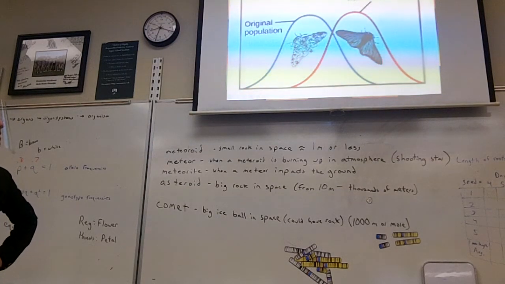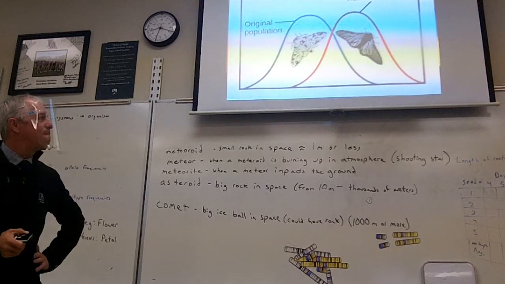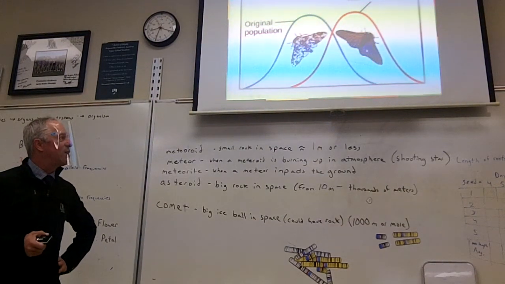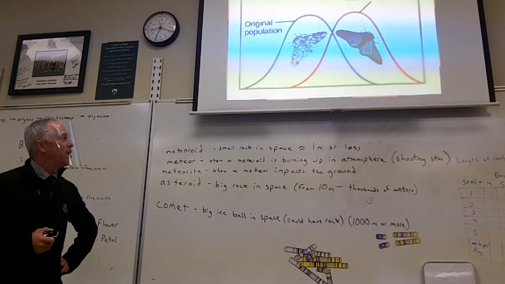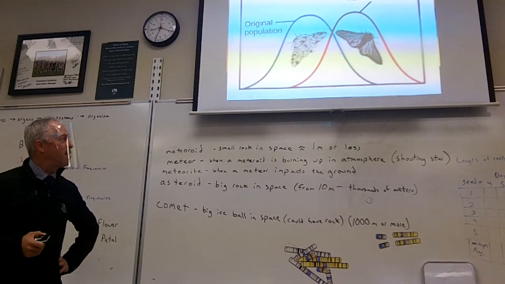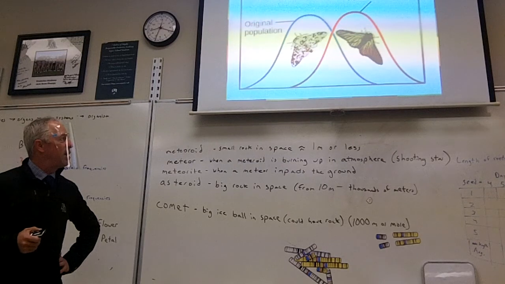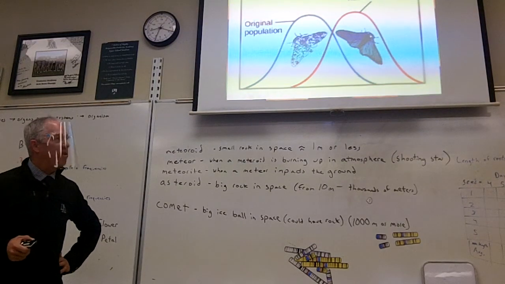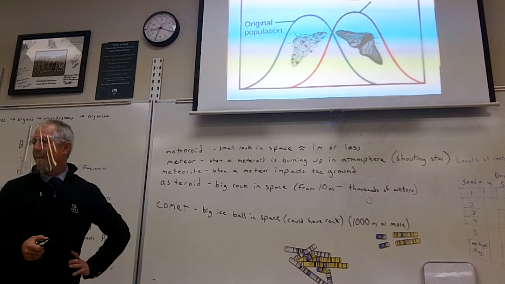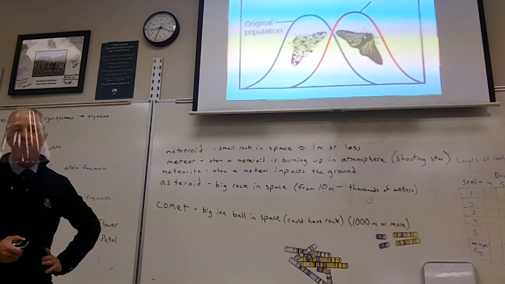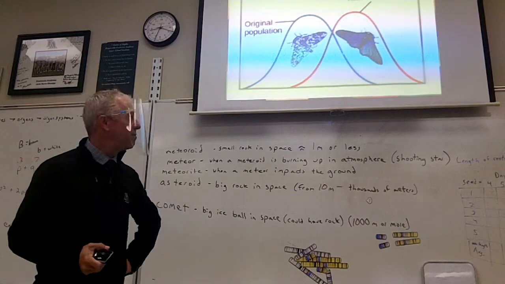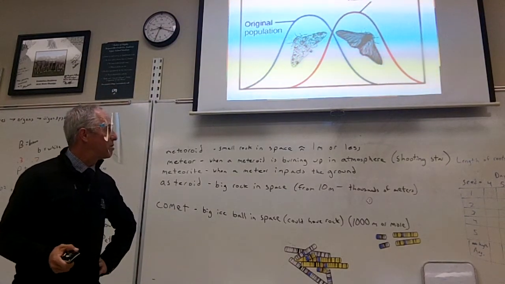Then the factories released a lot of pollution, which killed the lichens on the trees, and the lichens were white, so the trees became dark, and all of a sudden the dark moths were favored. And so the bell curve distribution went from a lighter colored moth to a darker colored moth. You'll probably see something about peppered moths on the AP exam. That's a commonly studied organism. And that's an example of directional selection.